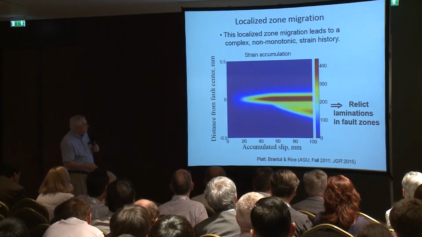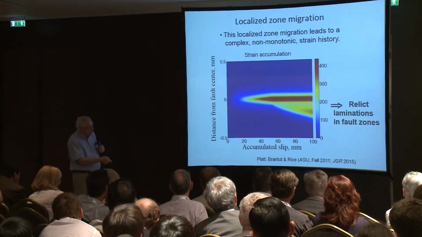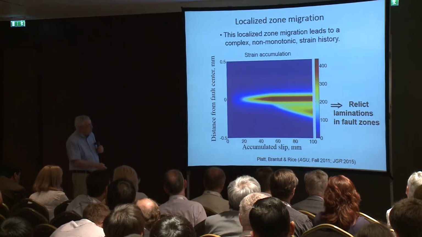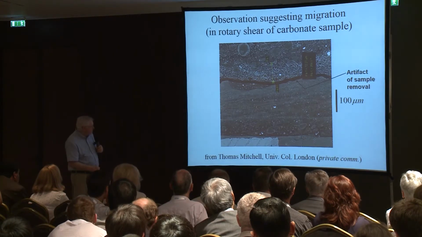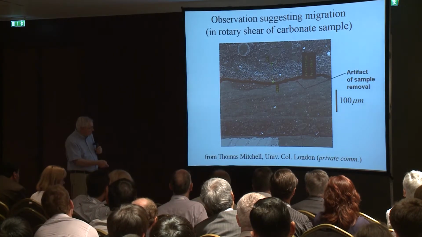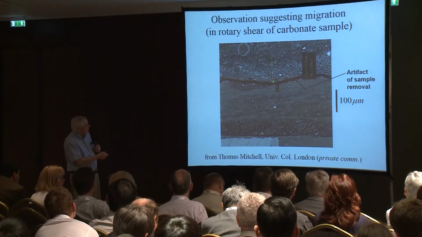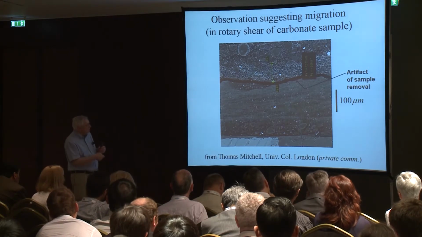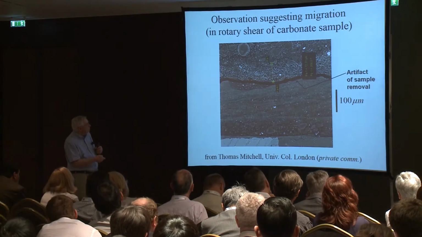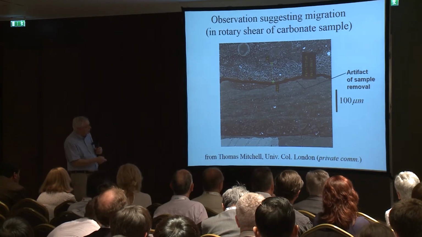And we think this kind of process may explain some observed lamination seen in fault zones. Here's an example from Tom Mitchell at University College London of a carbonate that was subjected to rapid sliding and underwent these decarbonation reactions, the kinds we're trying to calculate.